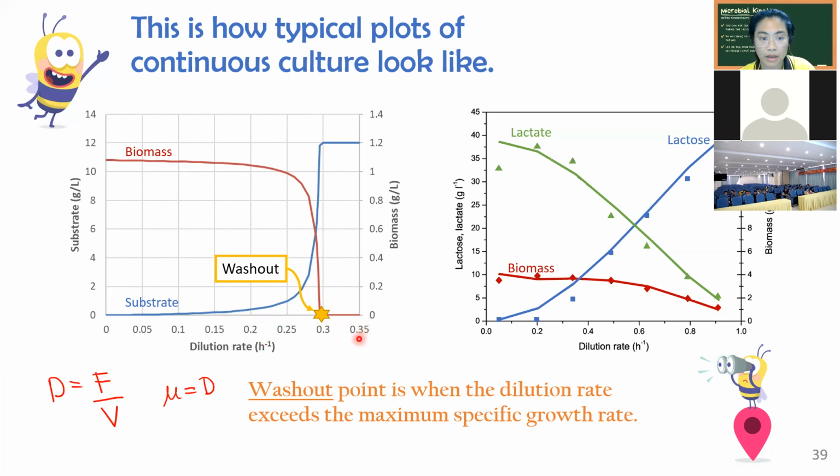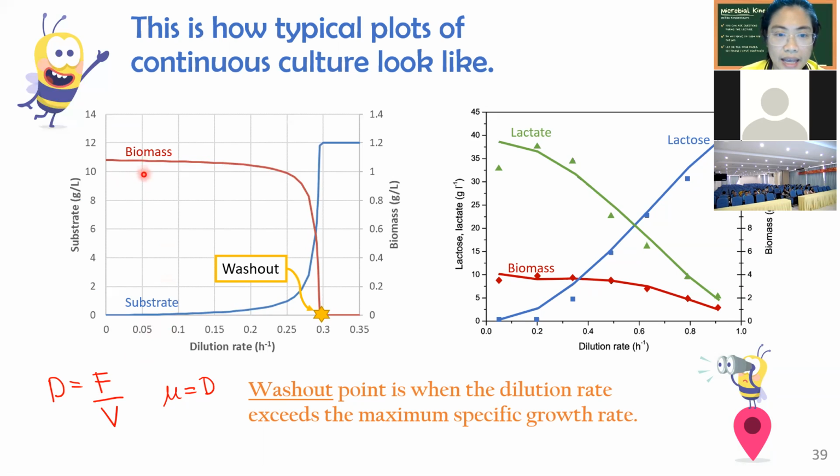When you have a small dilution rate, your cells grow slowly. Small dilution rate means the flow is small, so the cells have more time to use the substrate.